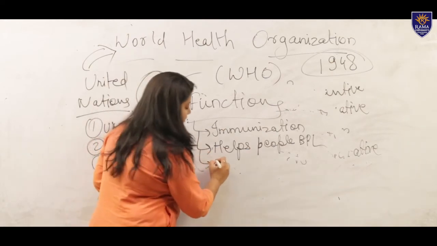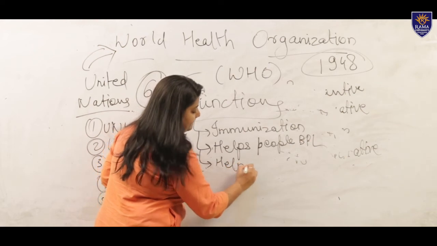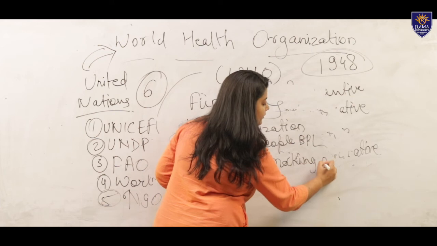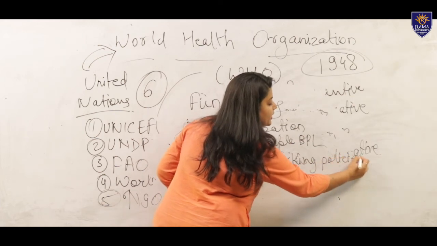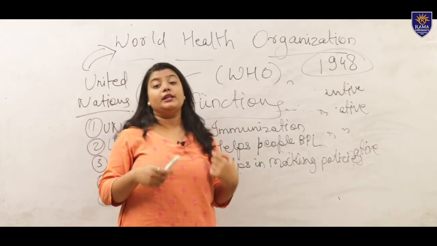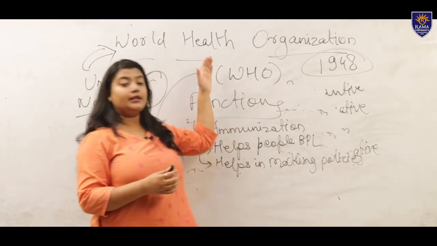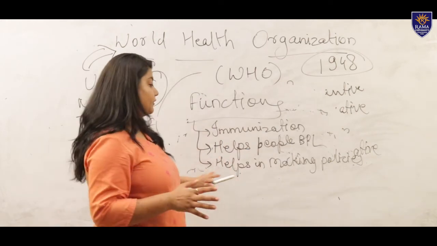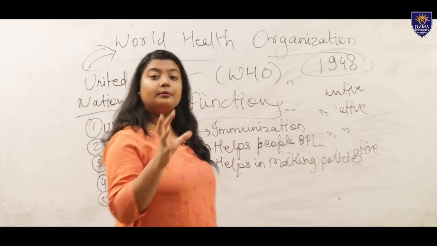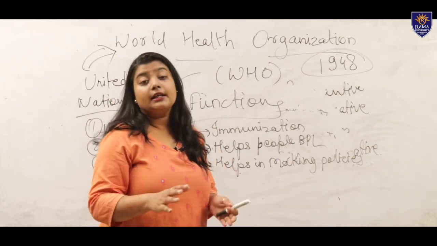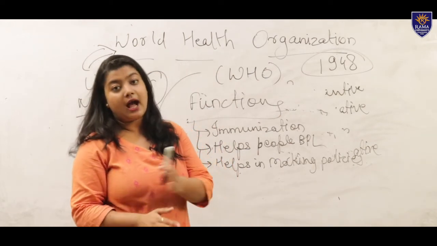Next, WHO helps in making policies. By policies here, we mean that various medical and medico-legal policies are made at the office of the World Health Organization, so that it governs not only the initial phases of the disease and the treatment of the disease, but the rehabilitative phase as well after the treatment.